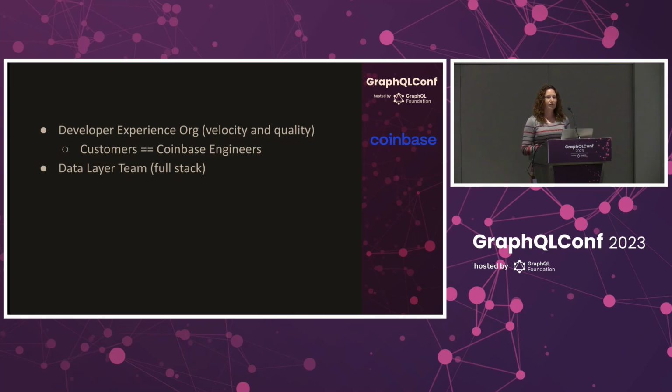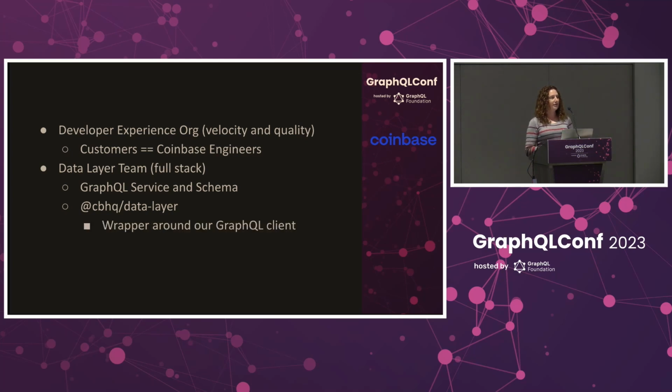We are a full stack team, and we are responsible for the GraphQL service and the schema. We're also responsible for a client library that we call the data layer. This is an in-house library that serves as a wrapper around our GraphQL client. In our case, we use Relay.